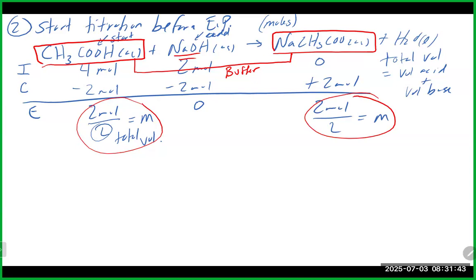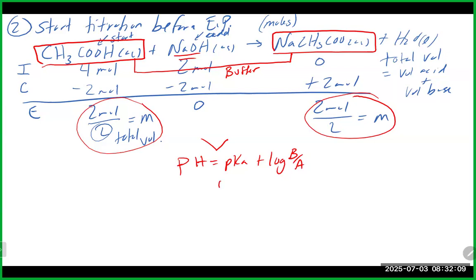So as you start the titration, before the equivalence point, you will always hit a buffer. And what that means is that to get to the pH, your best bet would be the Henderson-Hasselbalch equation, right? Which is the equation that we want to use for a buffer.